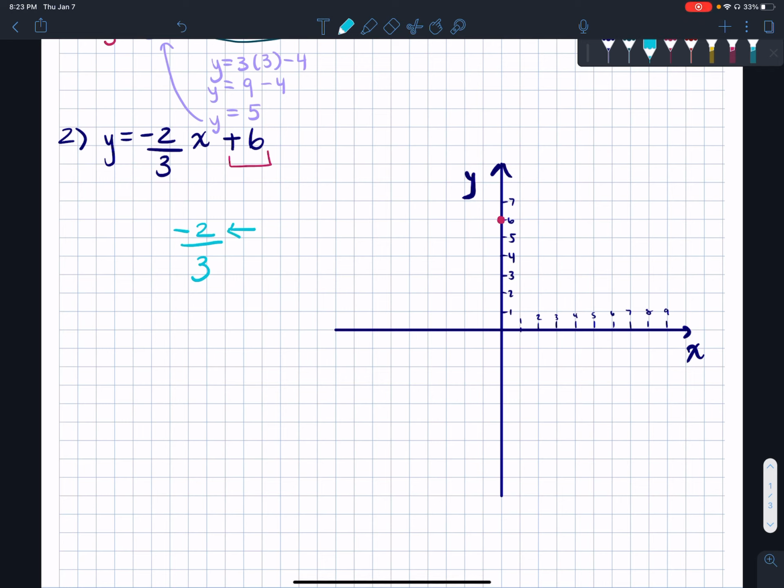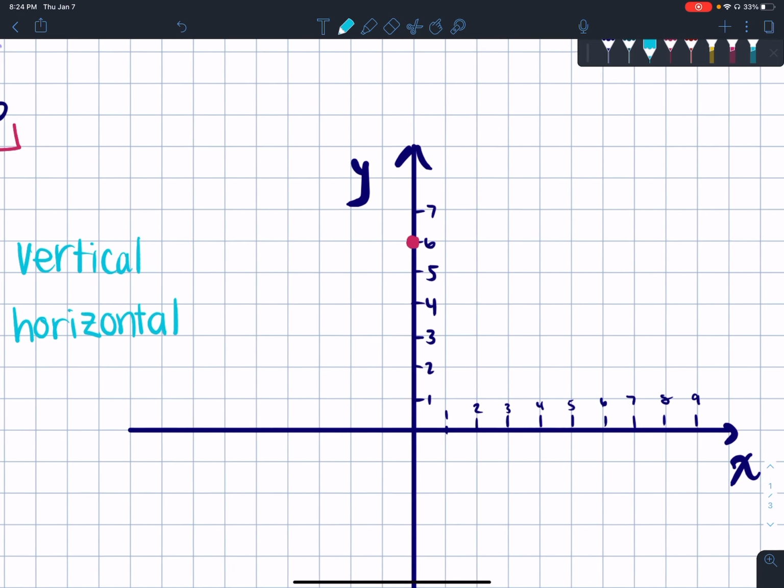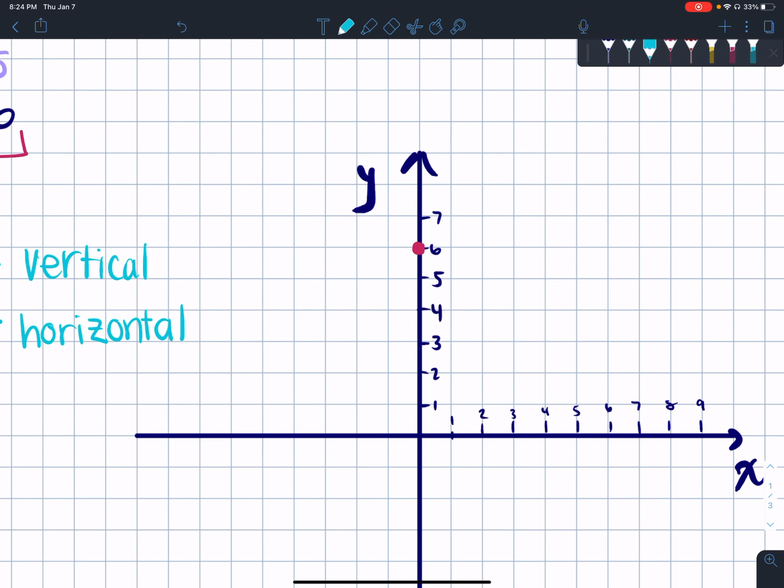So our slope minus 2, that's our vertical change, and positive 3, that is our horizontal change. So from this 6, I'm going down by 2, across by 3. So down by 2, across by 3.